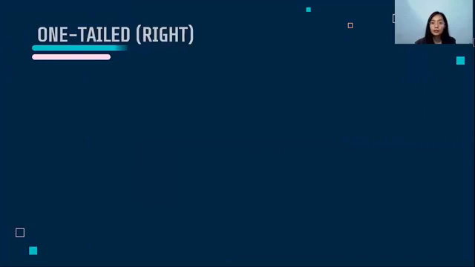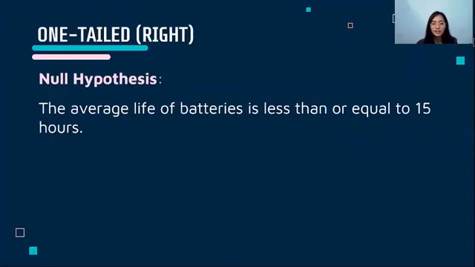For the one tail to the right, or the right tail test, our null hypothesis here is that the average life of batteries is less than or equal to 15 hours, or in symbols, mu is less than or equal to 15.